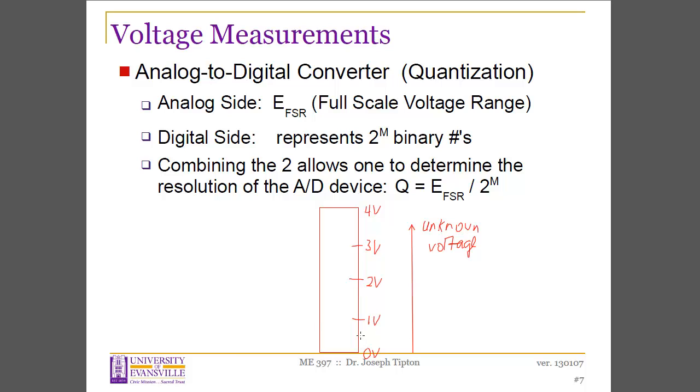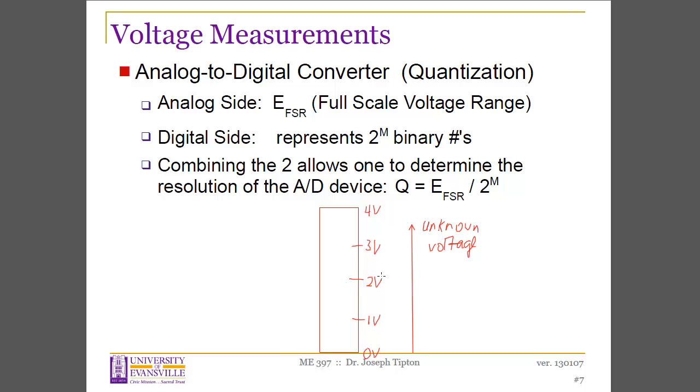So if the ruler is in 1 volt increments, well, the best I can do with the measurement is to say it's somewhere between 3 and 4 volts. With a ruler, if you have 1/16 of an inch as your finest resolution, then the best we can do is measure the length down to 1/16 of an inch.